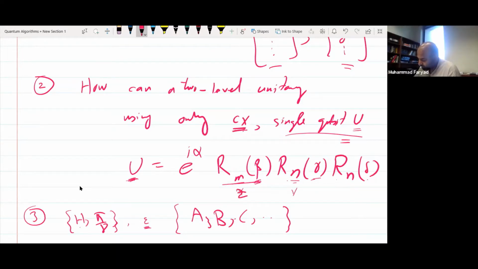So we had shown that if this is z and this is y, this is z, we can implement any arbitrary U. But the result is even more general. They don't even have to be orthogonal axes. Any two different axes, let's say this is some m axis, this is some n axis, and if we have access to gates that can implement rotations around these two axes, we can implement any arbitrary unitary.